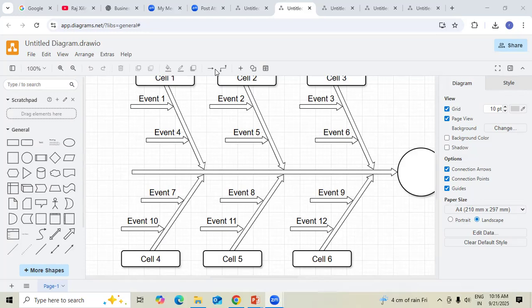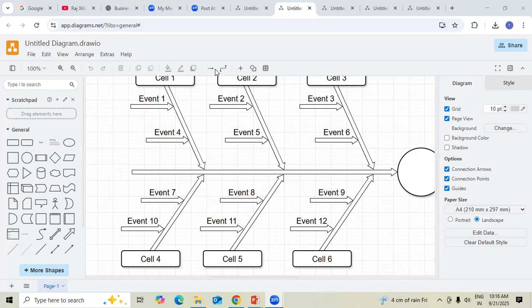In regard to this, first of all, we must know what concepts are involved. Either it can be people or processes. Who is involved when we want to create a fishbone diagram is important.